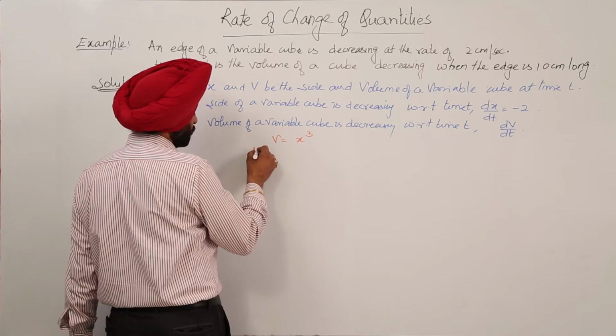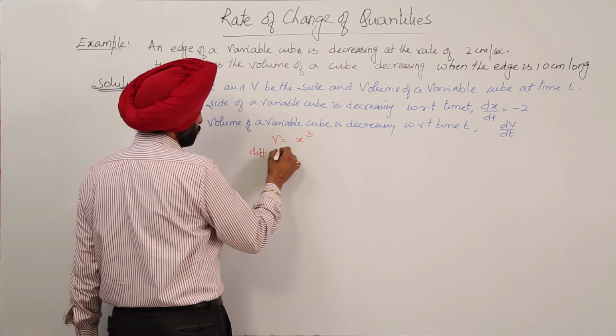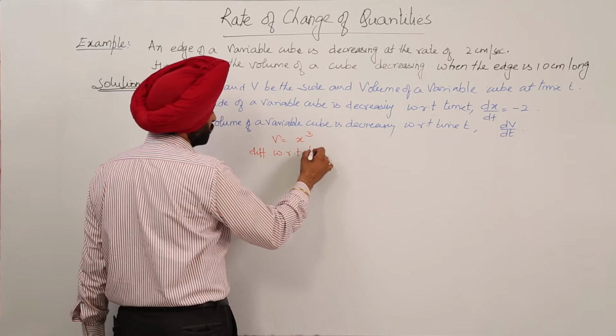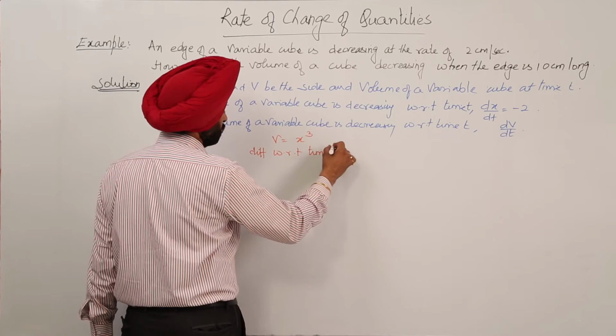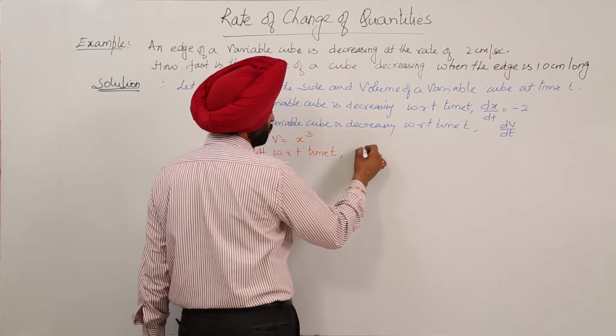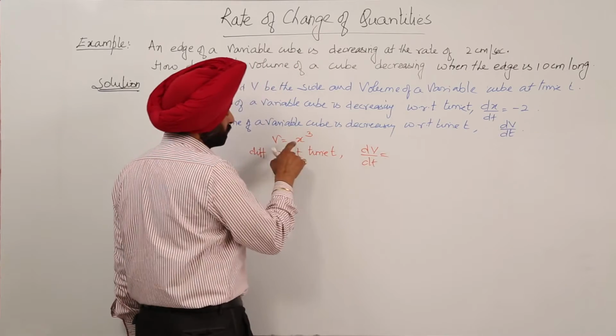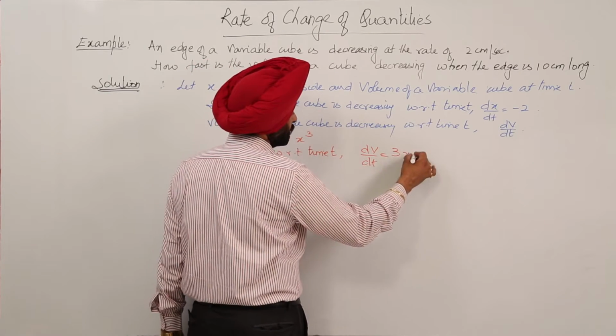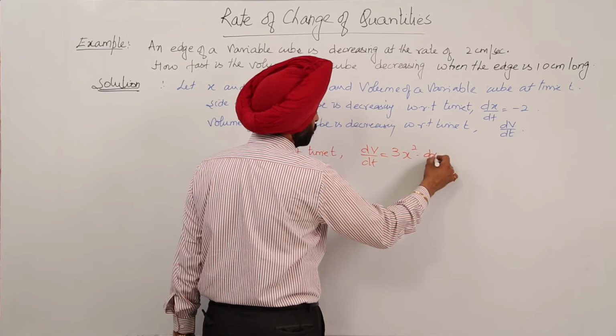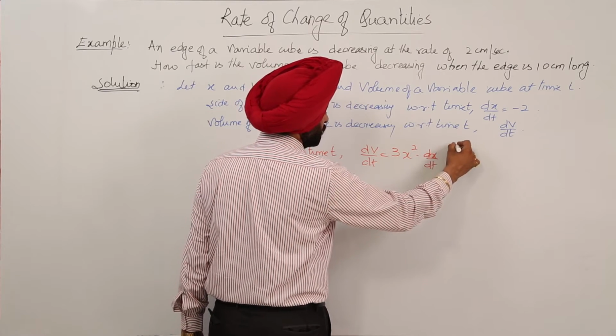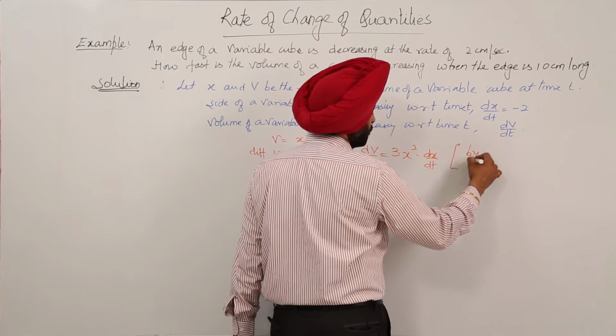Now differentiating with respect to time t, what are we getting? dV by dt is equal to 3x square with dx by dt. Remember this thing. How are we getting this? By the chain rule.